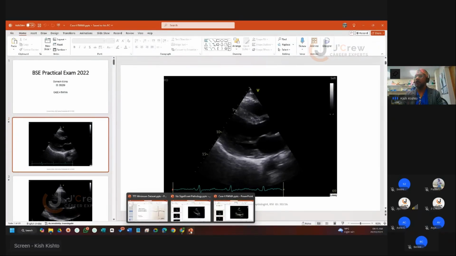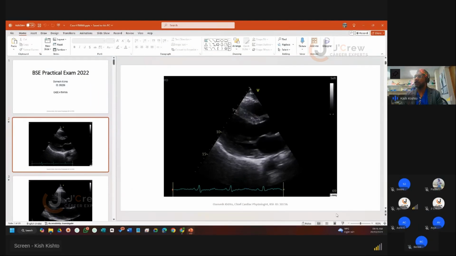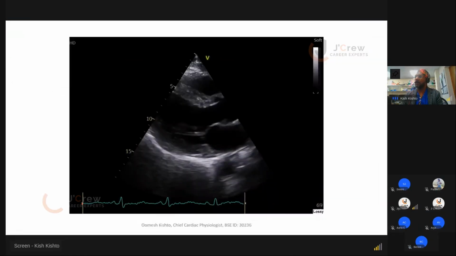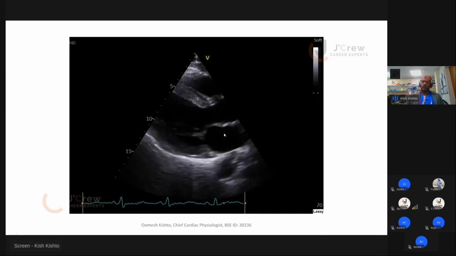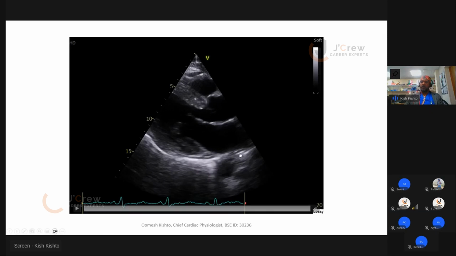Thank you. Okay, so this patient was admitted with a cardiac arrest and had an MI, I believe he had an LAD block completely. So this is a study which I did, and we're just going to look at it together.